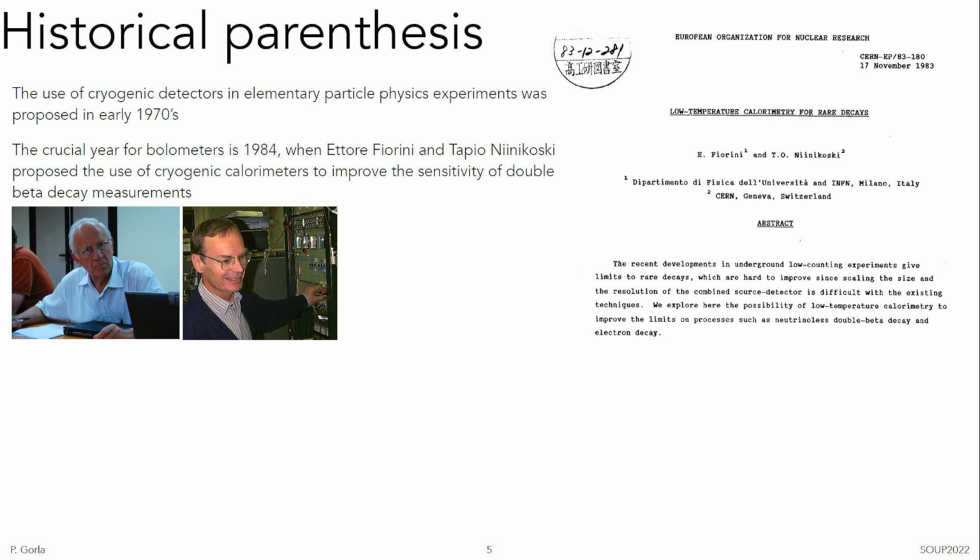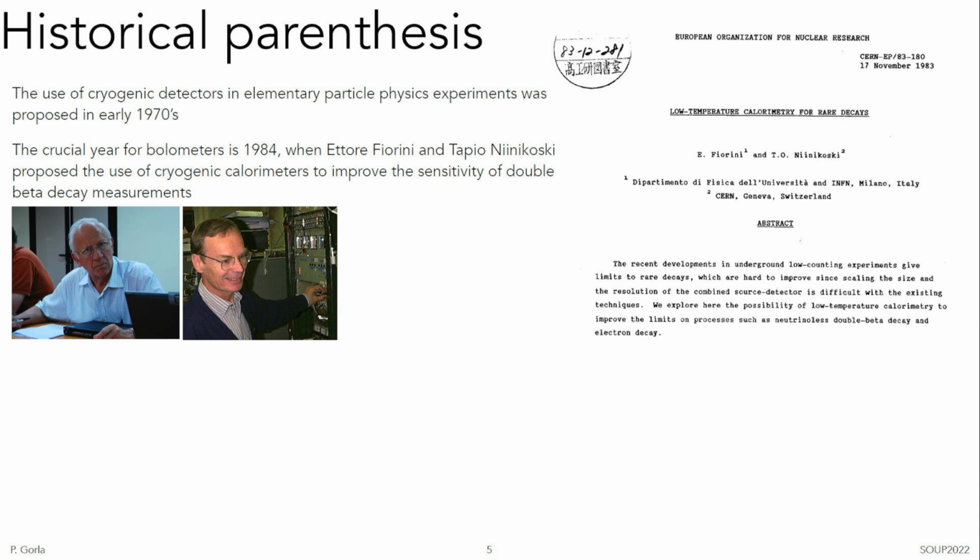So in a lunch discussion, Ettore made a rough calculation and estimated that the number of spikes was proportional to the expected flow of cosmic rays. So they understood that he was seeing in this resistor the passing through of muons from cosmic rays. And from this lunch discussion, they had this idea.